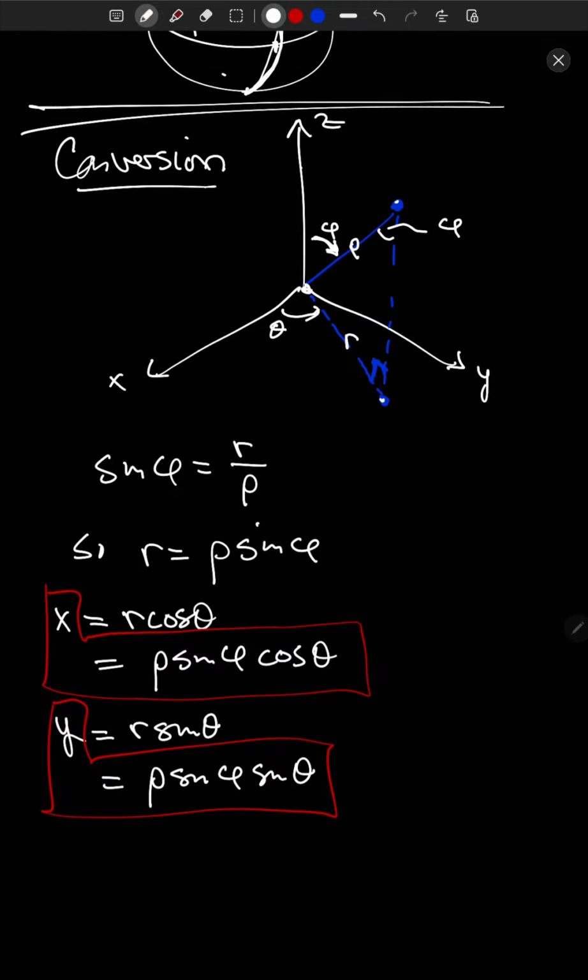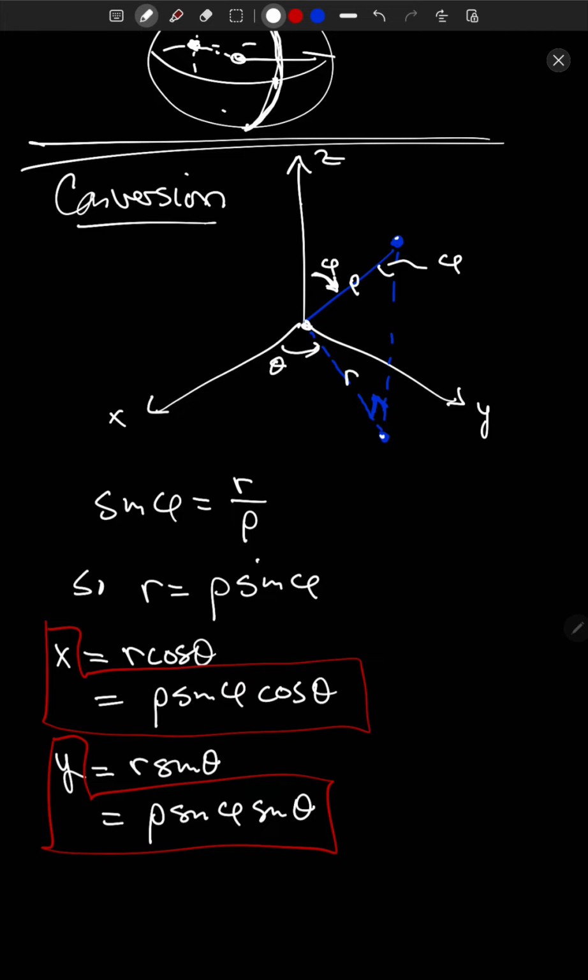Well, we go back up here. If we draw this dotted line here, this height is z, and we have a right triangle right there.